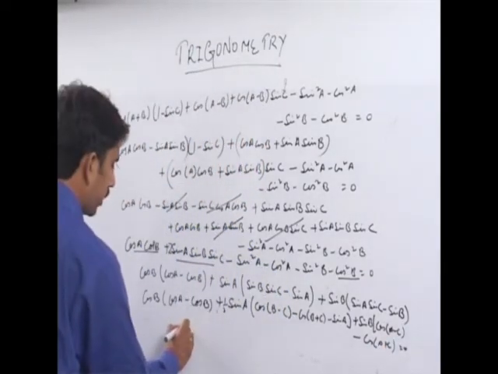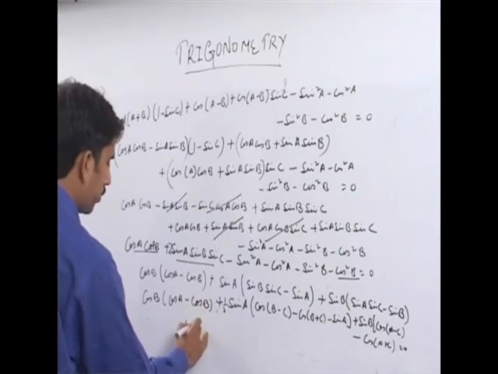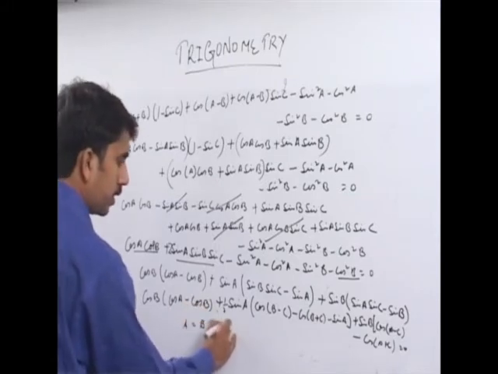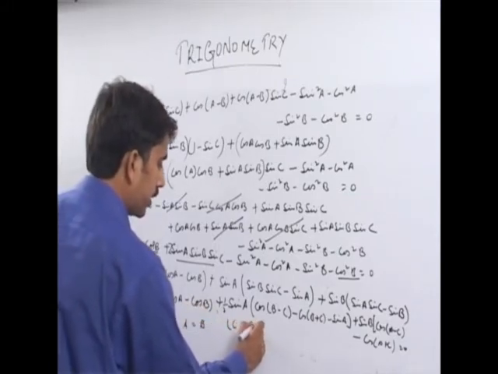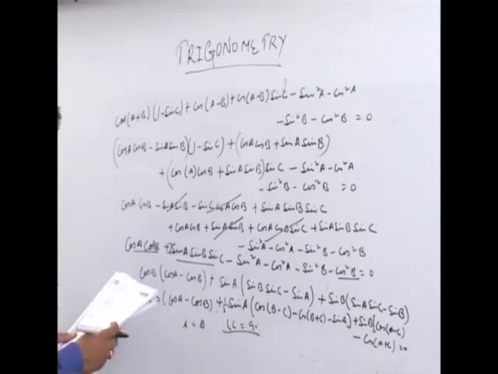From here you can conclude that this is possible if and only if A is equal to B and angle C is equal to 90 degrees. Therefore, it should be a right angle isosceles triangle.